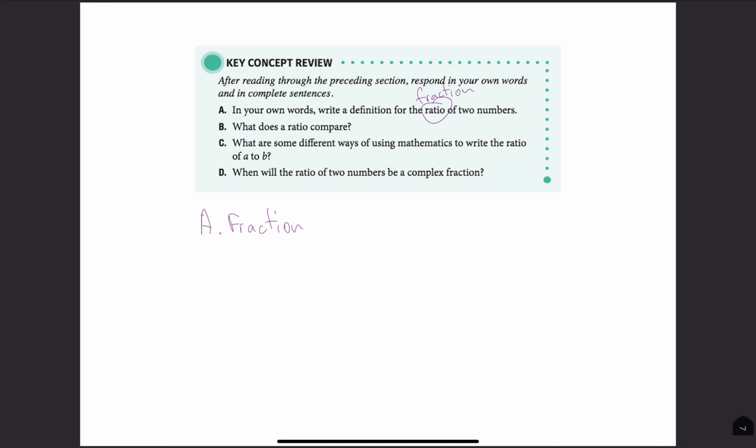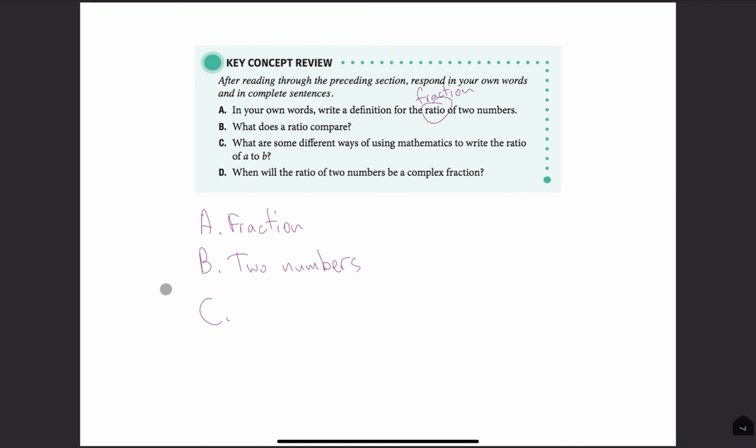What does a ratio compare? A ratio compares two numbers. So it's the fraction of two numbers. Now, typically these have the same units, but they don't necessarily have to always have the same units, as we'll see going forward.